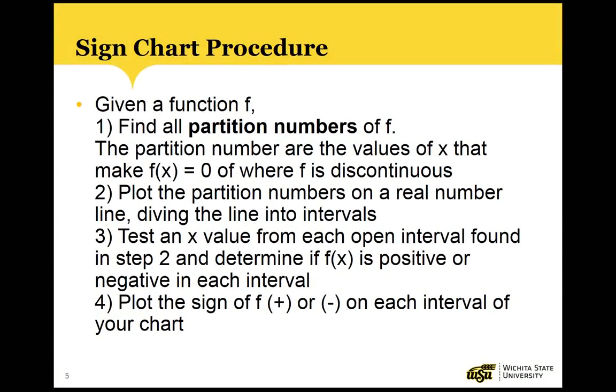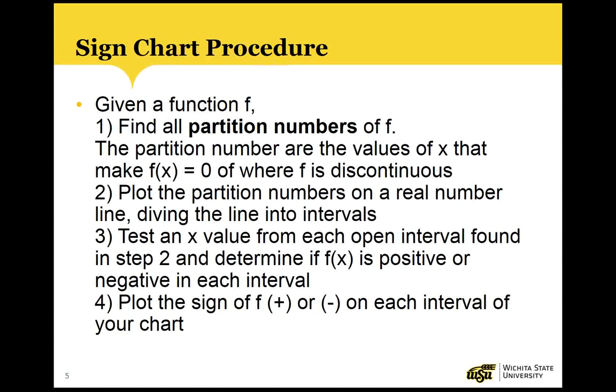Now, what we've lined out here is a list of 4 steps that will allow you to construct your own sign charts. If you're given some function f, you want to find all of the partition numbers. And the partition numbers we were finding were the values of x that make either the denominator or numerator equal to 0.